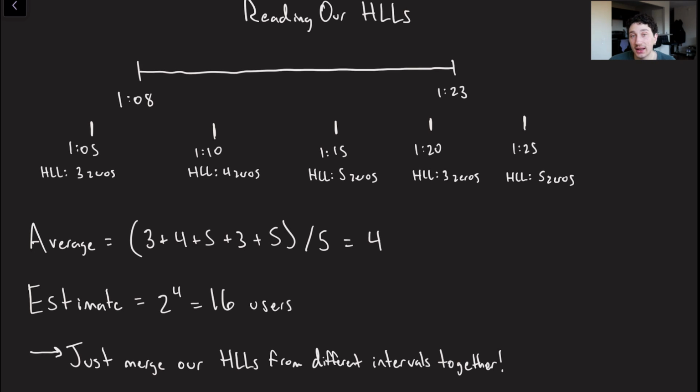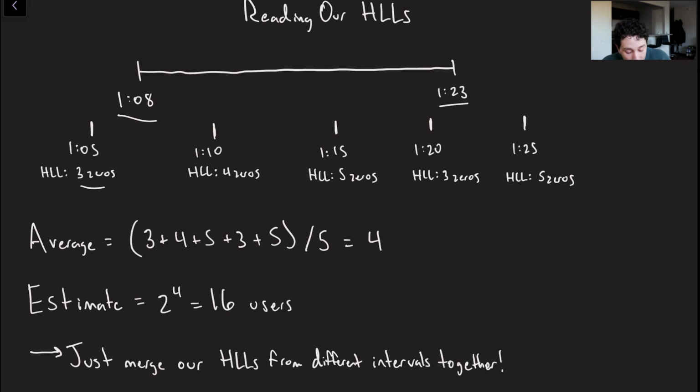Cool. So the next thing is just actually going ahead and reading our HyperLogLogs from all of these snapshots. I'm just going to quickly demonstrate how we might perform an approximation. In reality, it's probably a bit more nuanced than this, but again, I don't want to go into the math too much, not only because I'm incapable of it, but also I think it's out of scope for a video like this. So let's imagine, again, we care about the number of unique active users from 108 to 123.